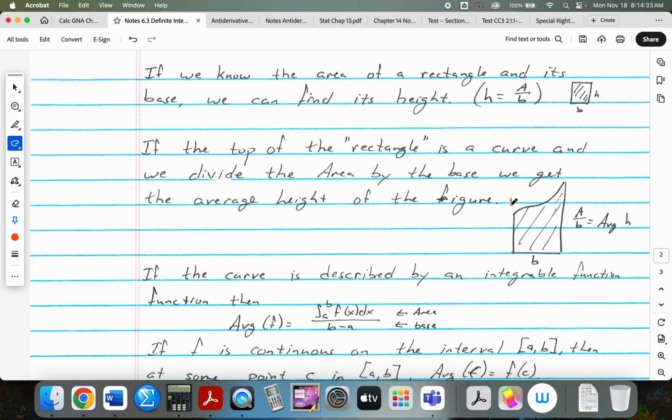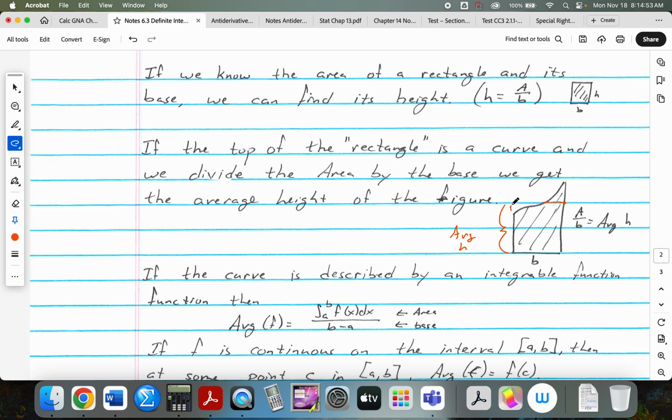We're getting something that looks like this, where this is the average height. I didn't draw that really super well there, but see if I can make it a little bit better.